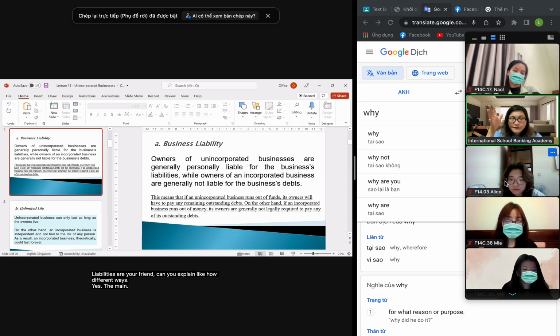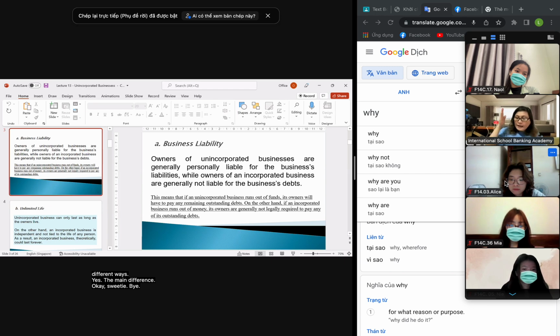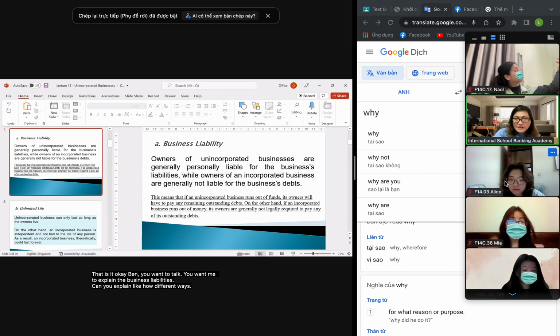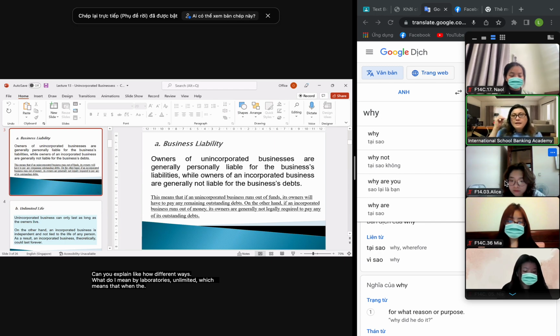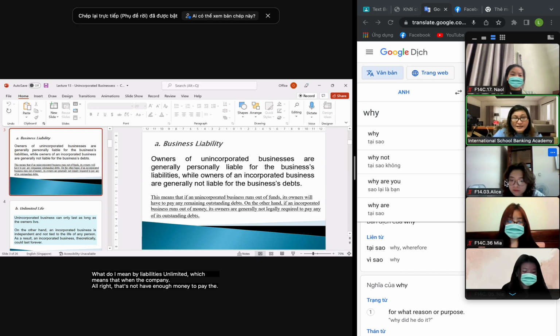The main difference is that unincorporated businesses have unlimited liability. What do I mean by unlimited liability? It means that when the company does not have enough money to pay the creditors, for example the suppliers, then the owners have to pay. The sole trader has to pay.